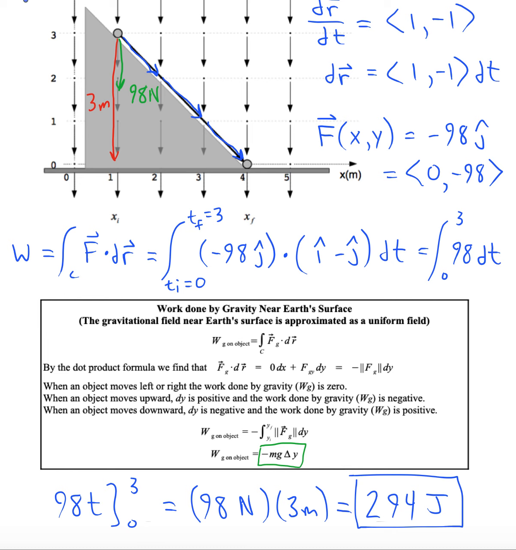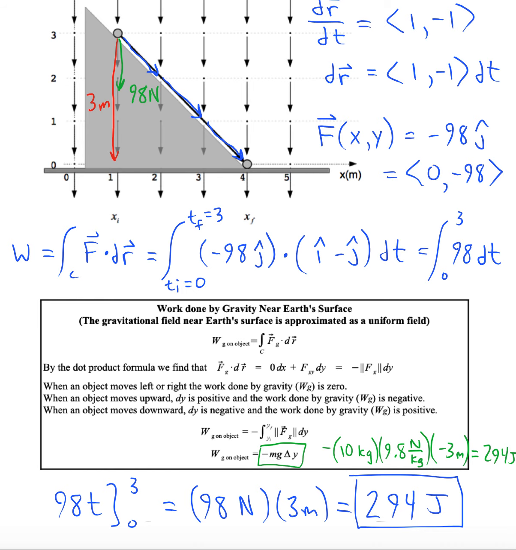Let's see if that's true just by plugging in here real quick. We'd get negative 3, the mass of our ball, times 9.8 newtons per kilogram. And then we need our delta y. We went from 3 down to 0, so that's a negative 3 meter delta y. And yeah, it comes out to 29.4 joules.